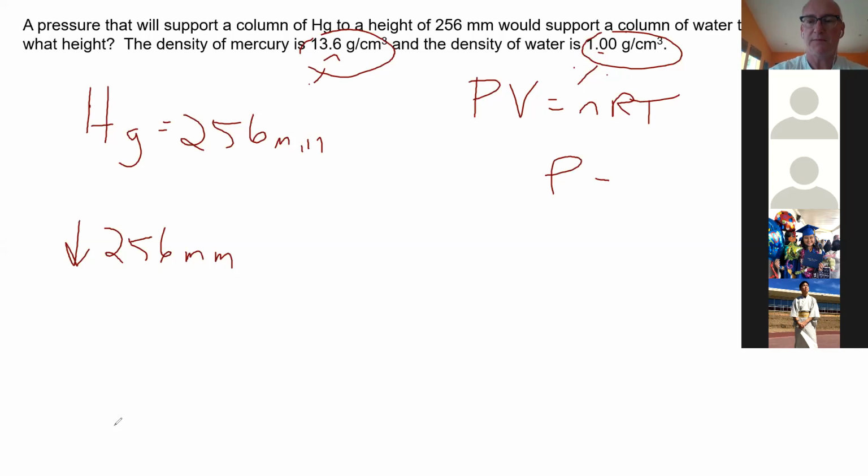So P is related to 1 over the volume. And we talked about before that density was related to the mass over the volume. So the pressure, if it is inversely related to the volume, what's its relationship to the density?